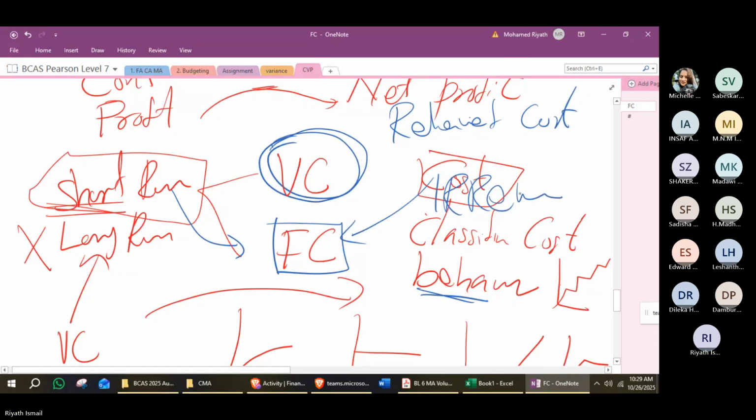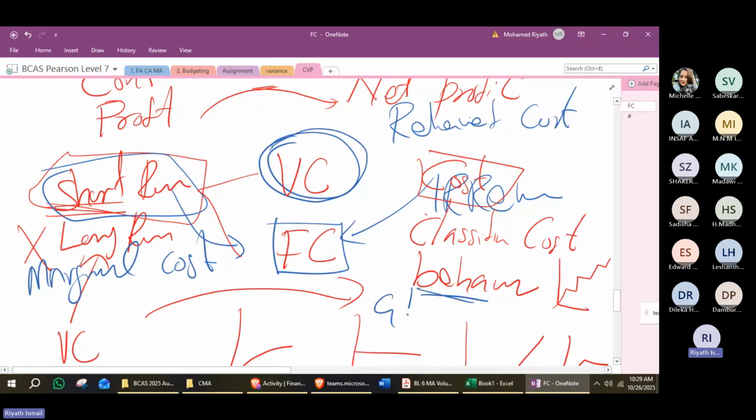So now you can understand that contribution and profit are not equal to gross profit and net profit, because in the short run we use marginal costing. In calculating gross profit and net profit, we use absorption costing.